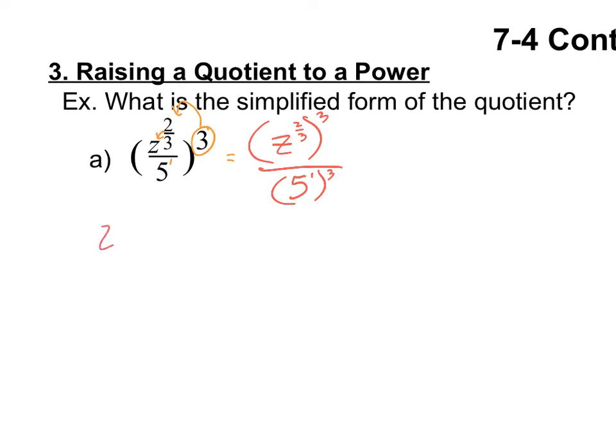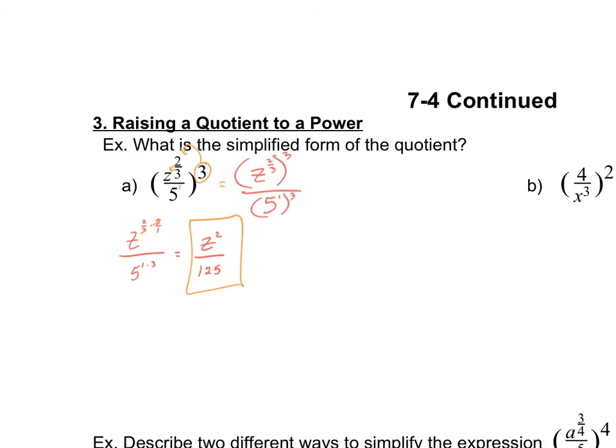So we have z to the 2/3 times 3, over 5 to the 1st times 3. Simplifying, we get z to the 2nd over 125. Remember, these cancel out when we simplified our expression. So there you go, simplifying with a quotient.